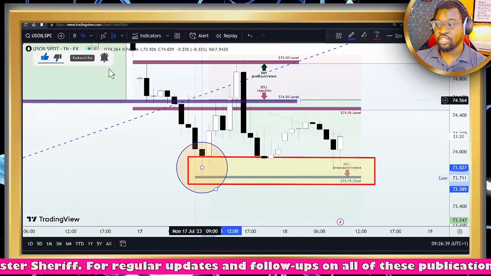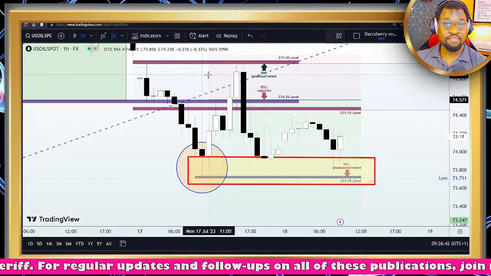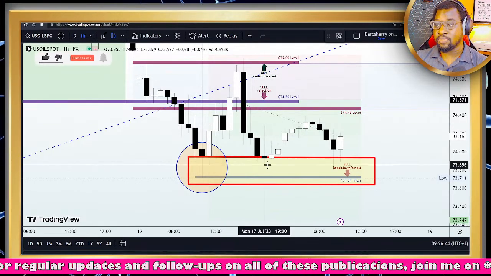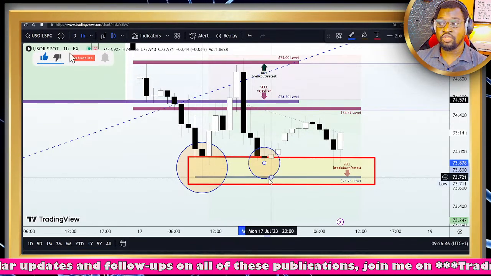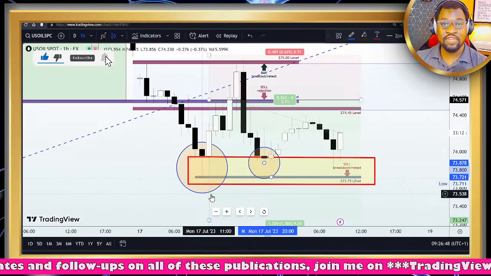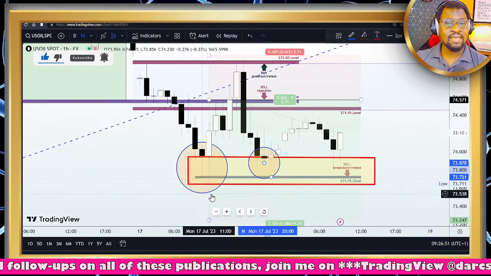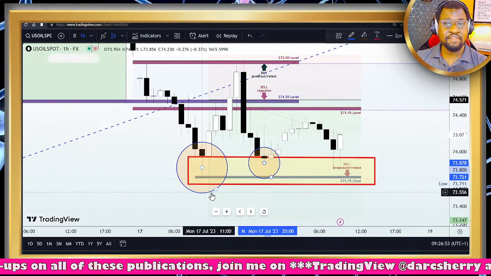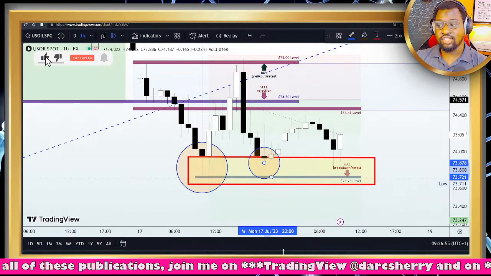We saw sharp rejection by the buyers, giving us a very strong volatile move to the upside. Then during the later part of the New York session, we saw another rejection of that area by buyers. As you can see, sellers have been finding it very, very difficult to break through that structure.